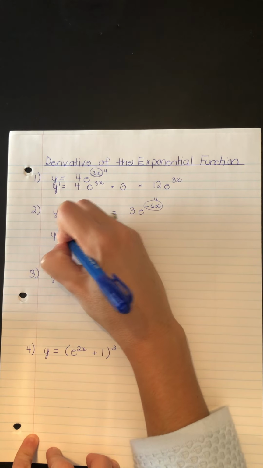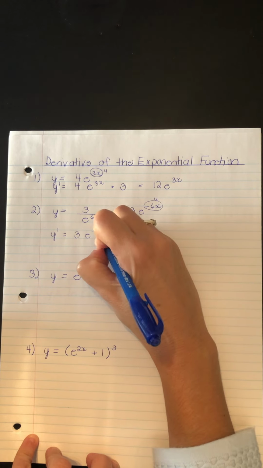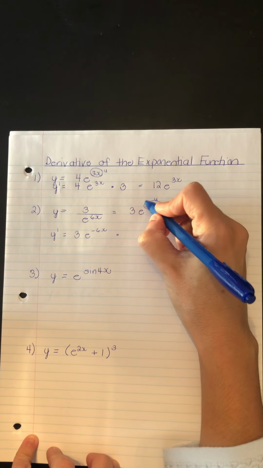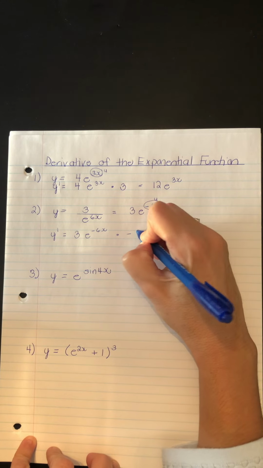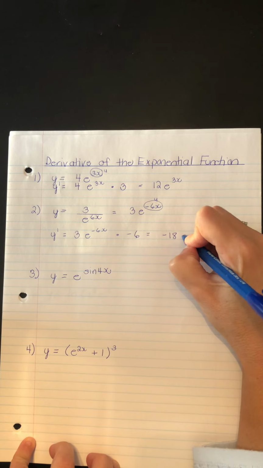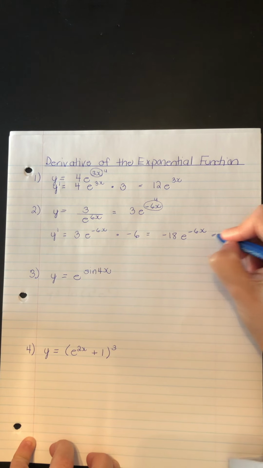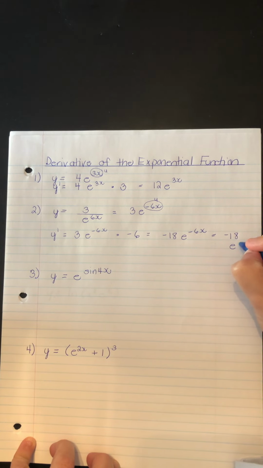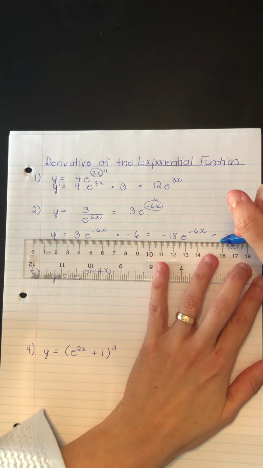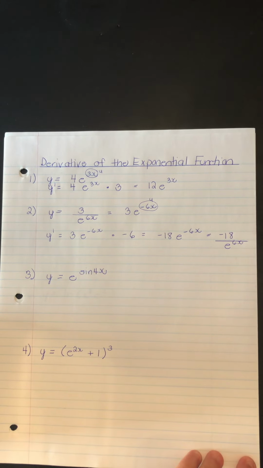And that means the derivative will be 3 e to the negative 6x multiplied by the derivative of negative 6x, which is negative 6. So we now have negative 18 e to the negative 6x as y prime. And this, of course, can be written with a positive exponent like this. So we have negative 18 over e to the 6x.